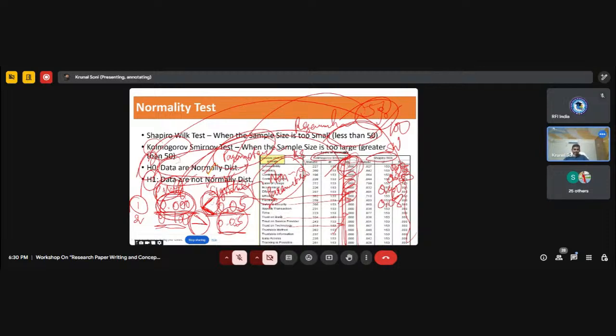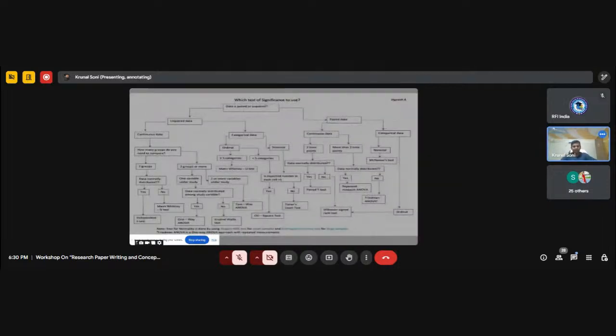Okay. Now you can see this. There are different types of tests based on the data we have learned. We have already learned nominal data, continuous data, ordinal data. Clear? So with those considerations, here they are saying nominal, ordinal, and scale data.